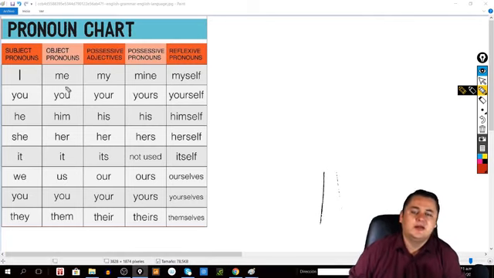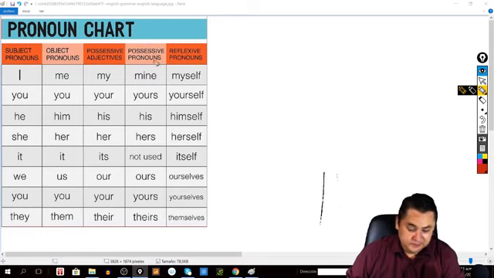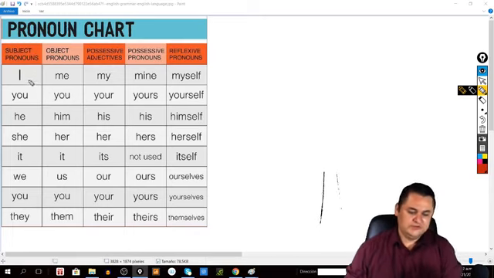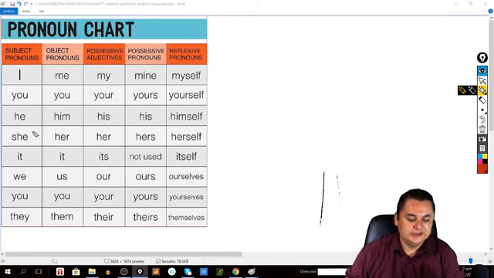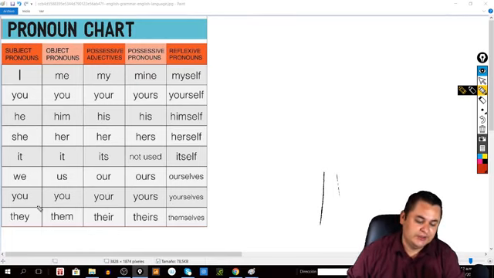There are several kinds of pronouns. We have subject pronouns, object pronouns, possessive adjectives, possessive pronouns, and reflexive pronouns. So let us start with the subject pronouns: the words I, you, he, she, it, we, you, and they.